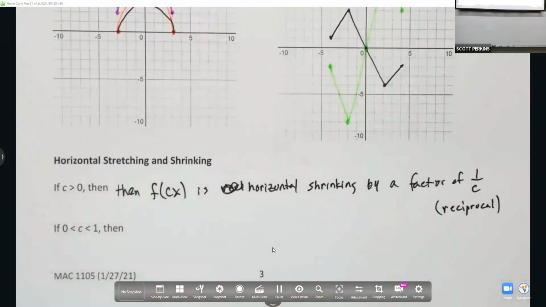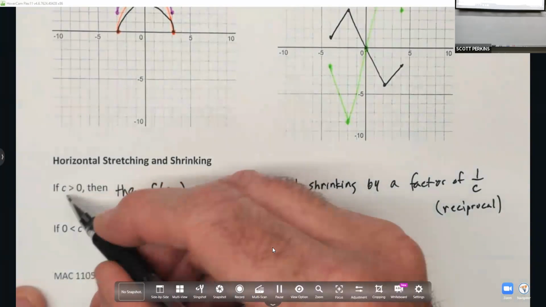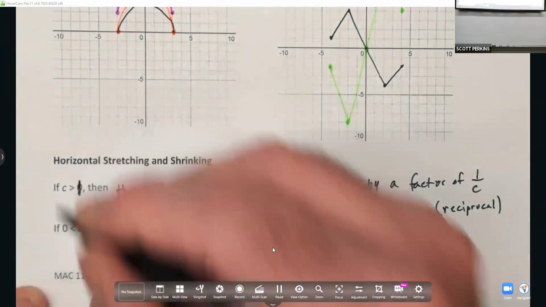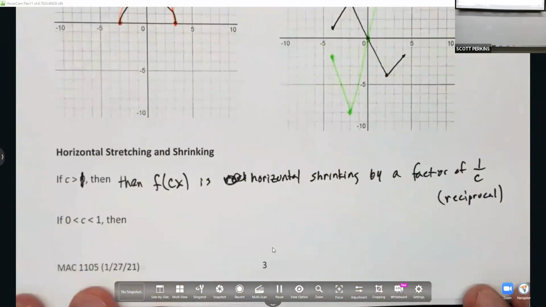So all this means, that's the fancy math lingo, all this means is you multiply the x's by not c, but by 1 over c. Okay. And also, because I just copied and pasted, this shouldn't be c is greater than 0. That should be c is greater than 1. Sorry for my bumbling nature.